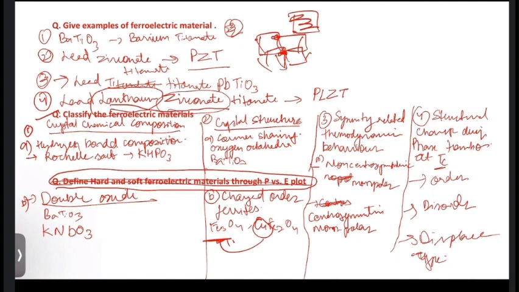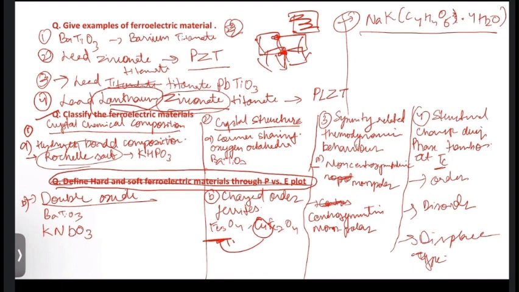Okay, so somebody is asking, what is Rochelle salt? Rochelle salt is a salt of sodium, potassium, and I think some group of tartaric acid, with hydrated water molecules.